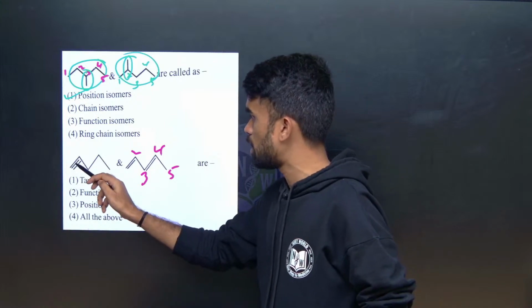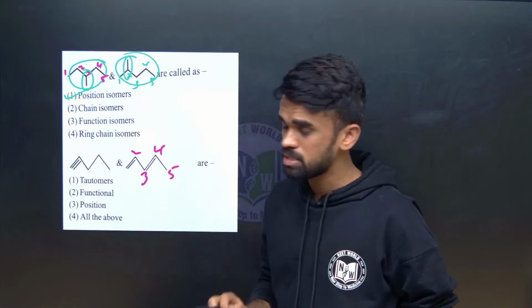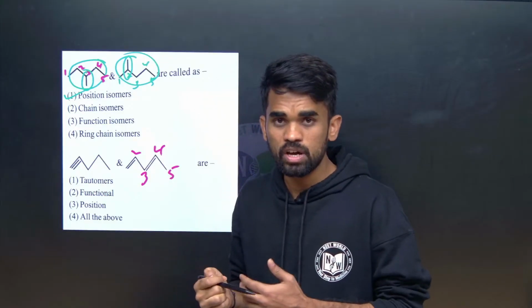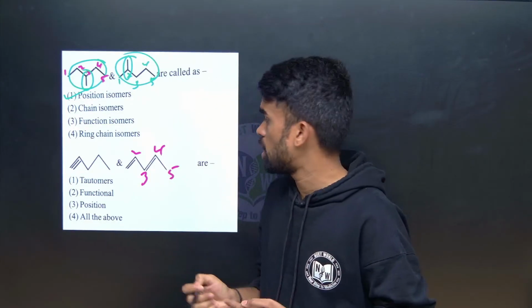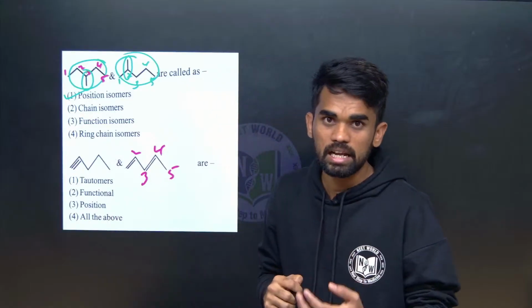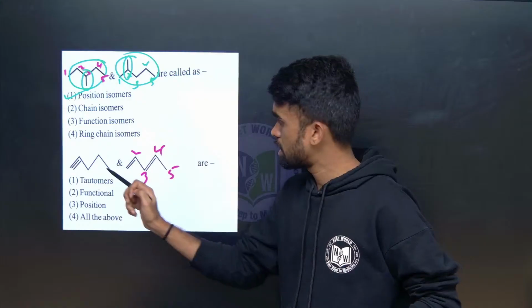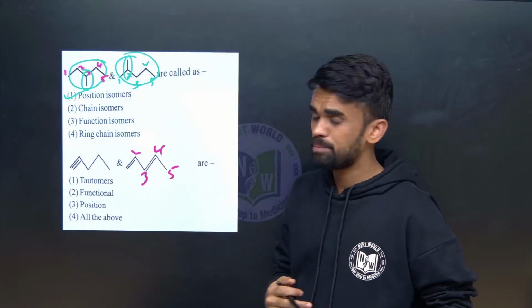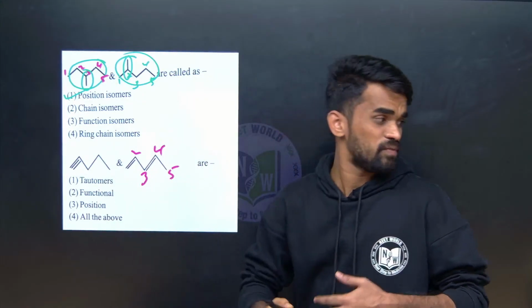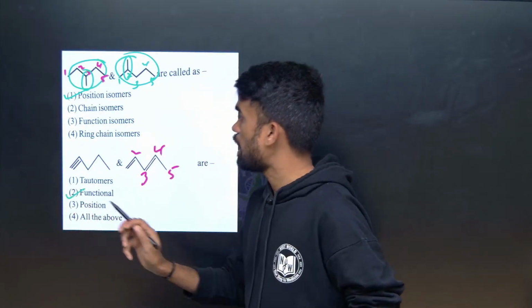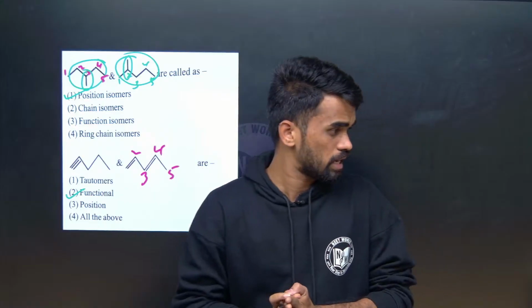But here we have a triple bond and here we have double bonds, two of them. So the chemical formula is the same, but they differ in the functional group. Here we have an alkyne as the functional group, here it is an alkene, triple bond here, double bond here. They differ in the functional group they have, so they are functional group isomers. Hope it is clear, this one also, right?